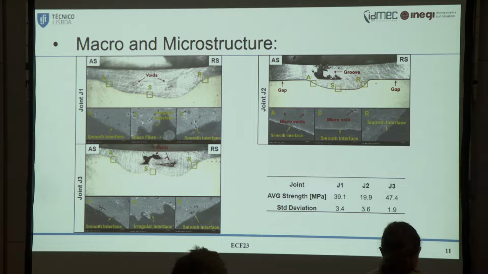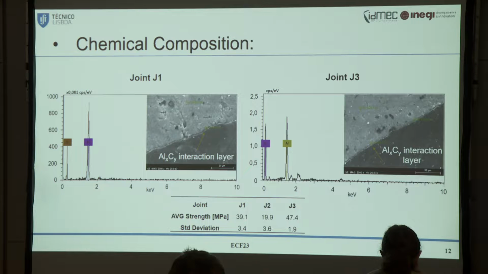We observed a smooth line here that we can explain by chemical adhesion. For joint number 2, we observed a line without a regular interface, and we obtained a regular interface in joint number 1 and in joint number 3. We decided to analyze the chemical composition of the small layer here, and we observe that it is composed of aluminum and carbon.